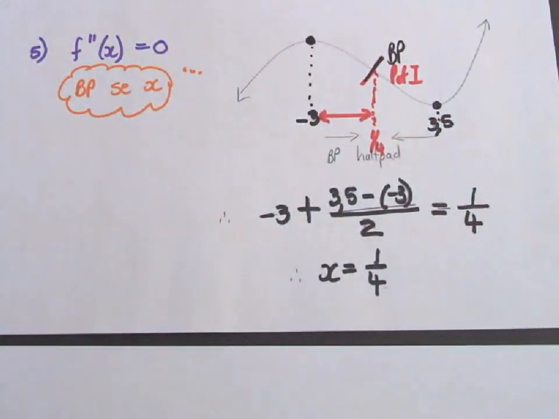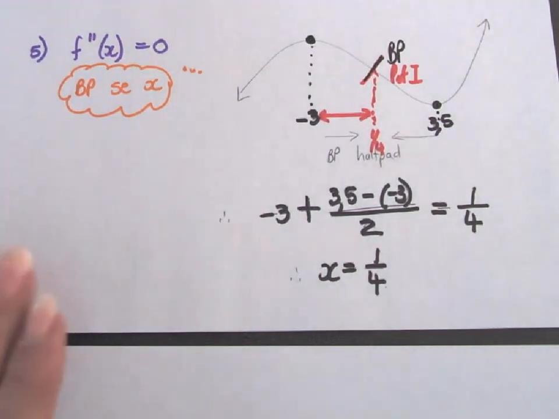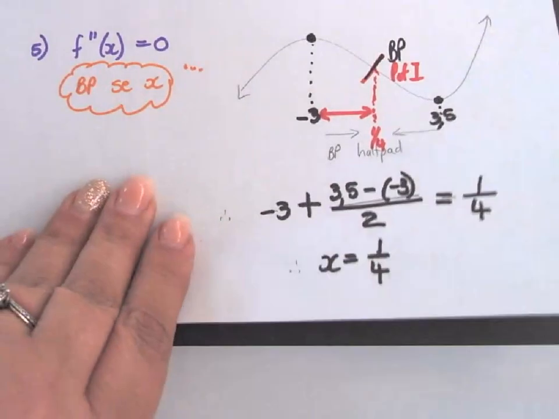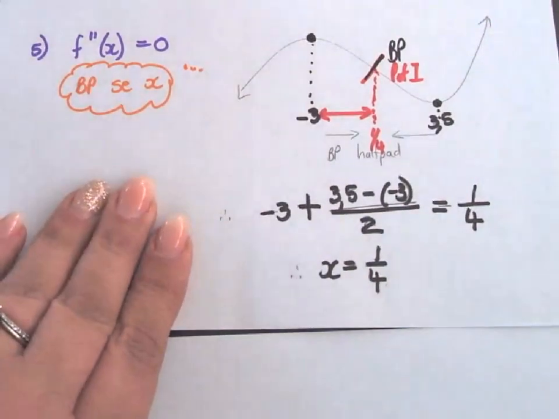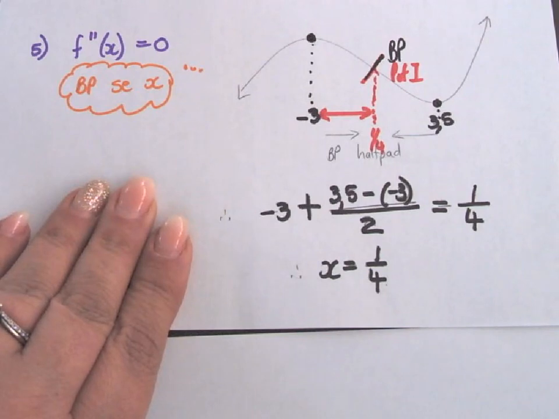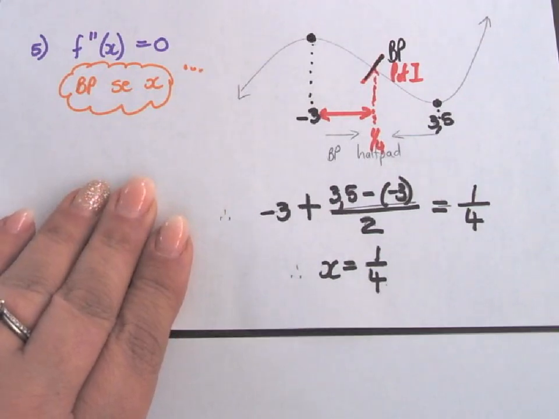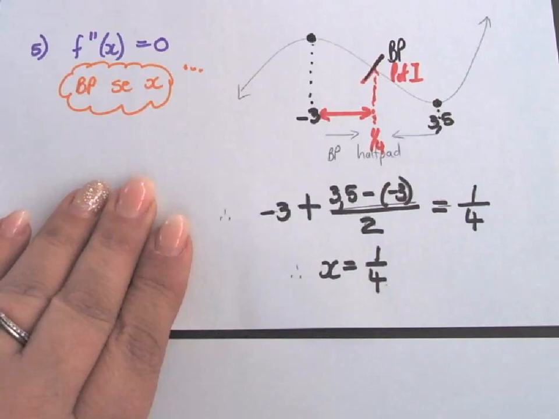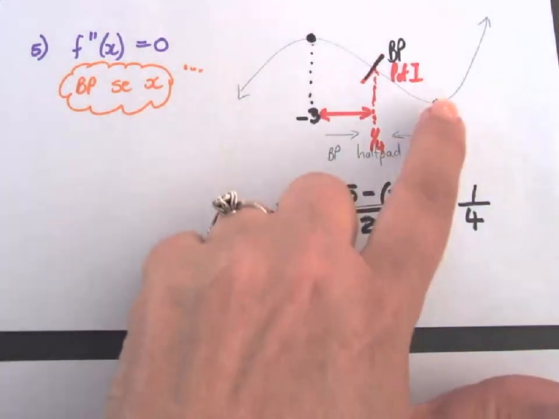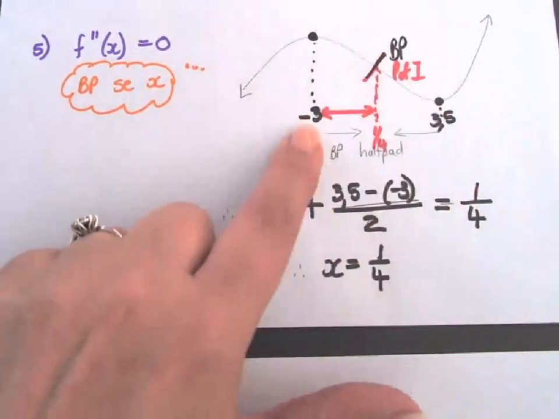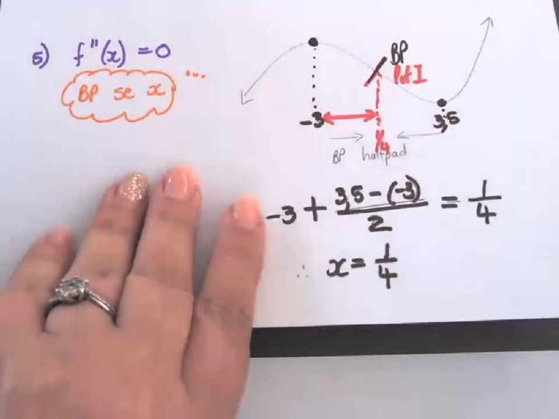Now, question number 6 and question number 8 ask exactly the same thing. You can subtract it from the highest one, or you can add it to the lowest one.